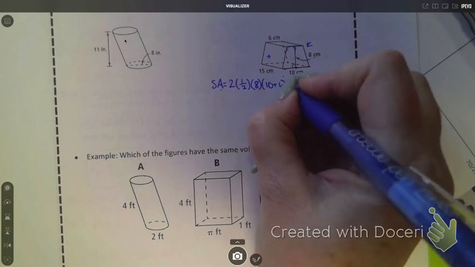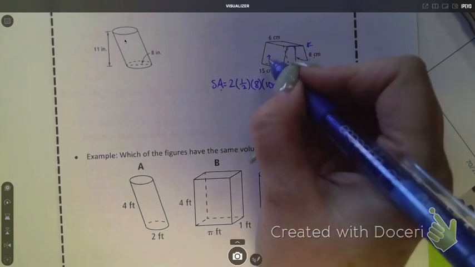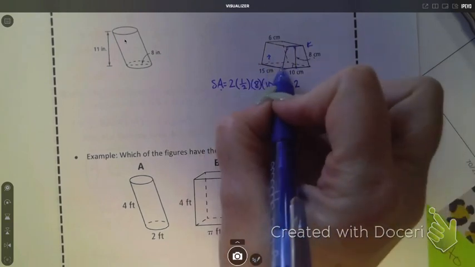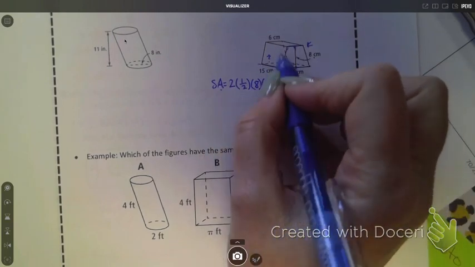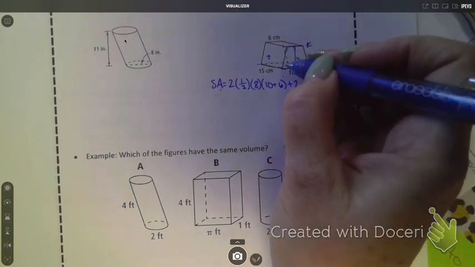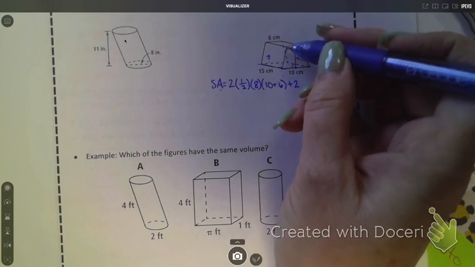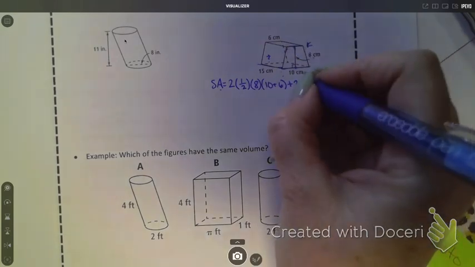Plus 2 times, because we have two sides, yes? 2 times... they are 15 by 8.